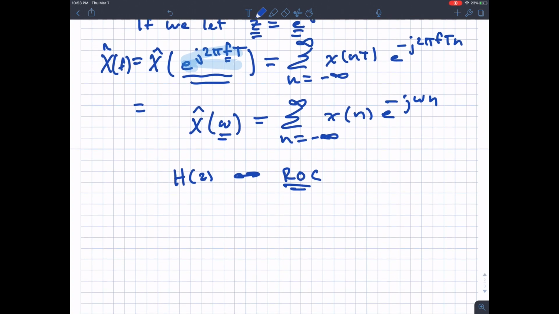Well, the region of convergence must contain the unit circle. If the unit circle is outside the region of convergence, it doesn't make any sense to plug in those values of Z, and so we would say that the frequency response does not exist. Okay, and we also know that this system would not be BIBO.